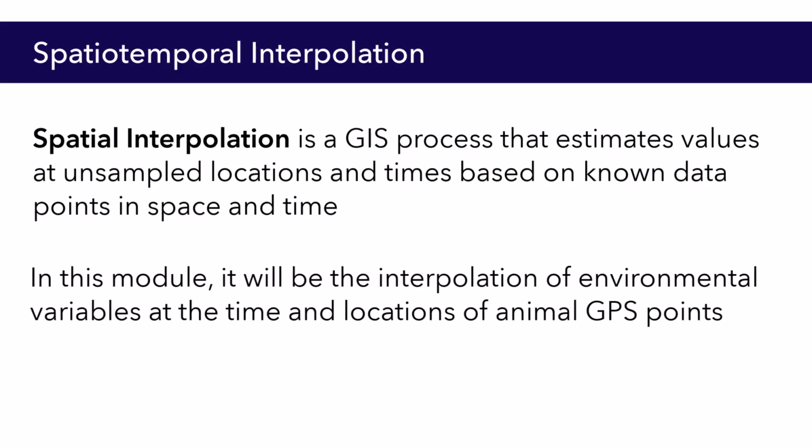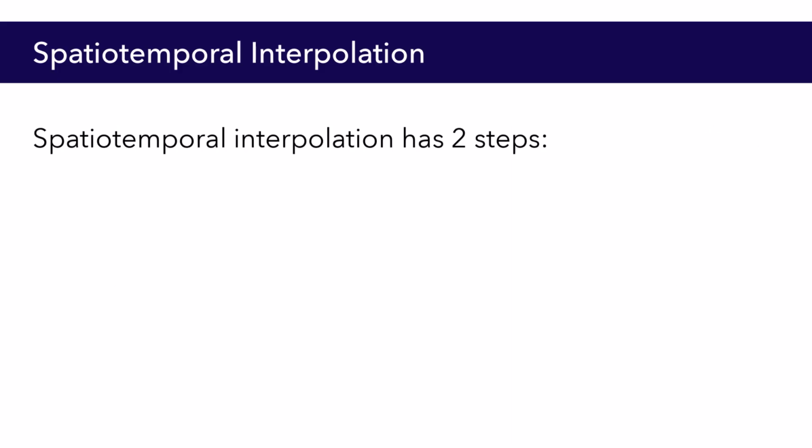Here, the values are those environmental variables that need to be interpolated at the time and location of GPS observations with unknown environmental conditions.